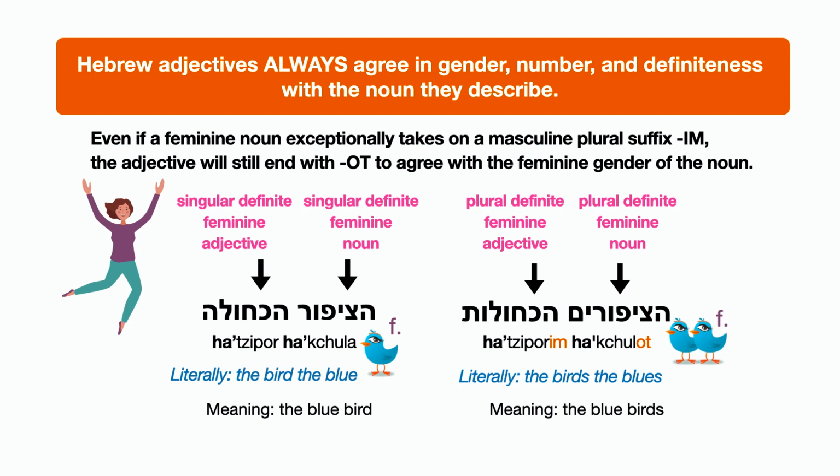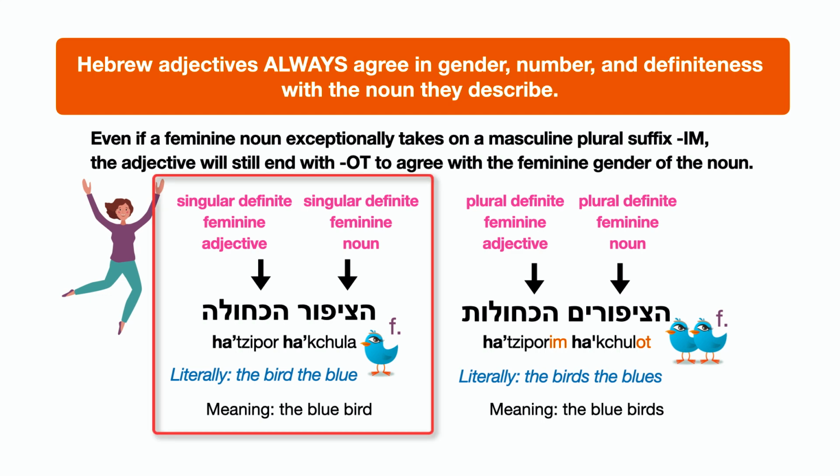Now, in this example, we are talking about the bluebird. Maybe we're referring to a particular bird, a particular bluebird. So, because Hebrew adjectives also agree with the definiteness of the noun being described, it will add the article the.